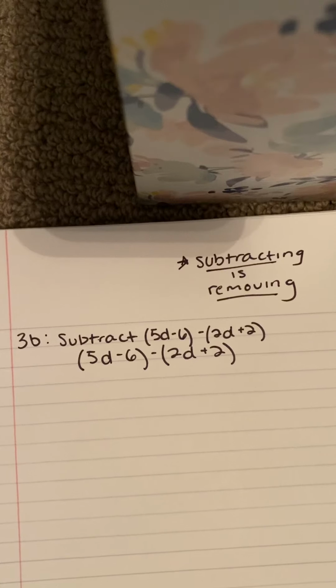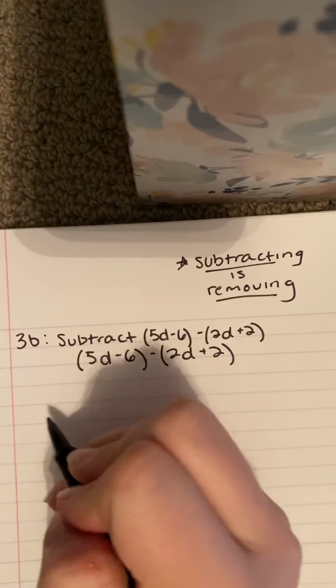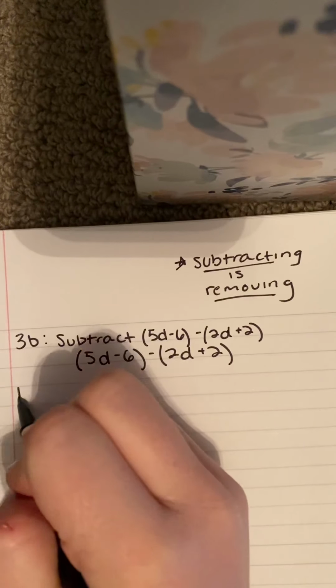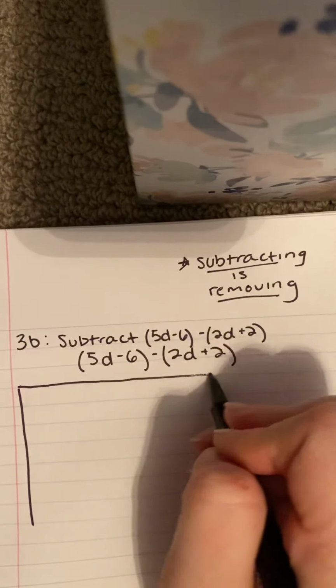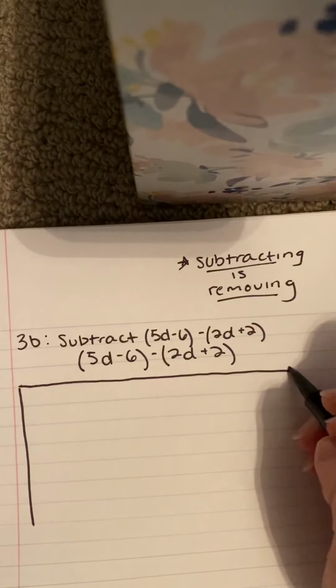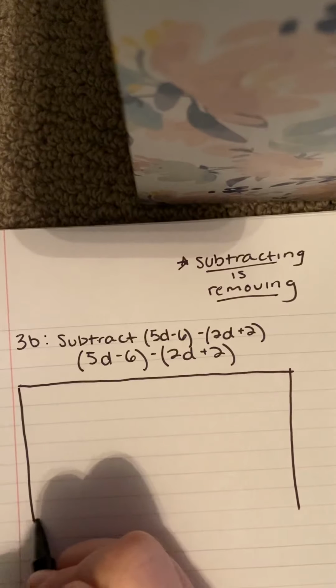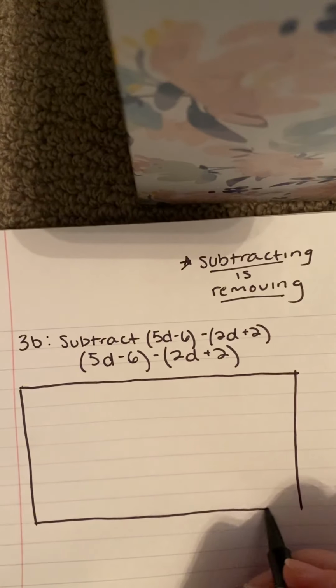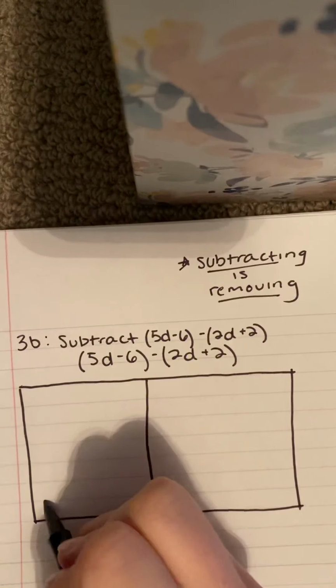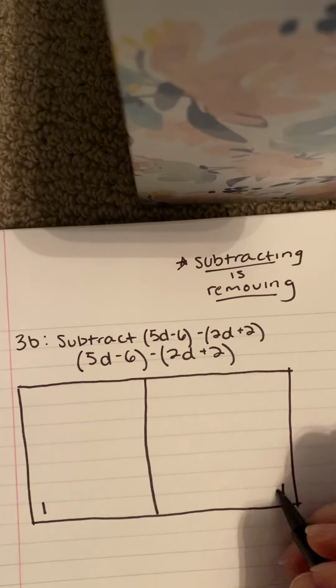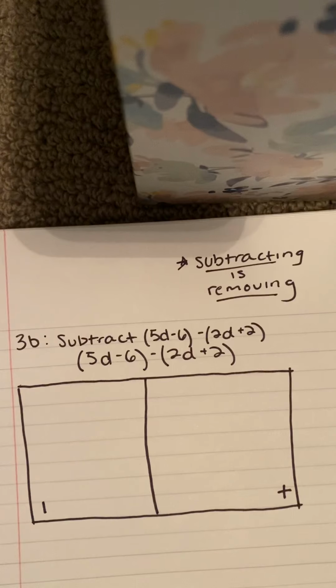Okay, so the first thing I'm going to do, since we're using algebra blocks, is draw an algebra blocks mat itself. So to do that, I'm going to draw a square-like mat down like that, and I'm going to do two sides. This will be the negative side. This will be representative of the positive side.